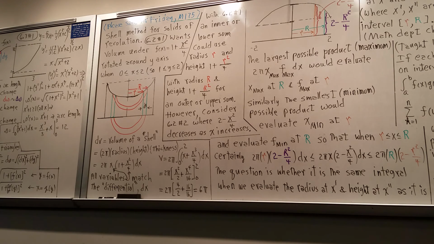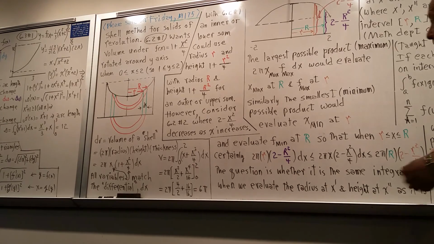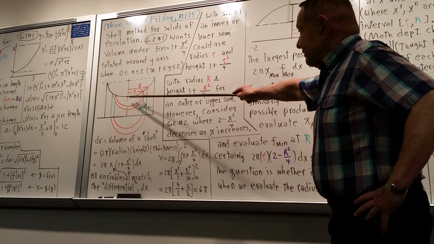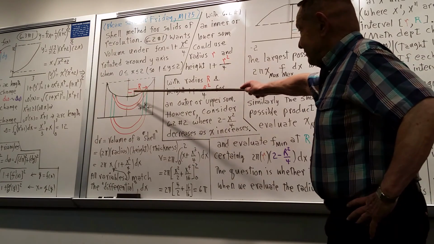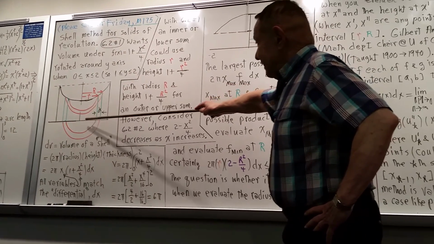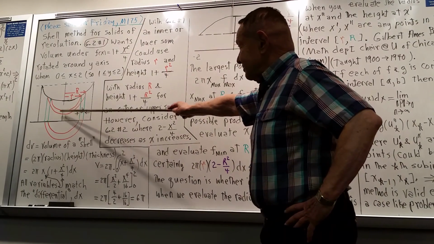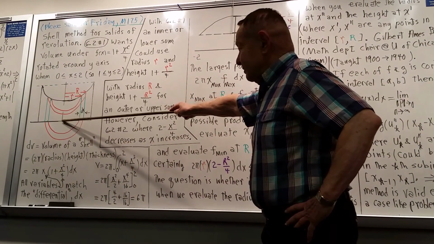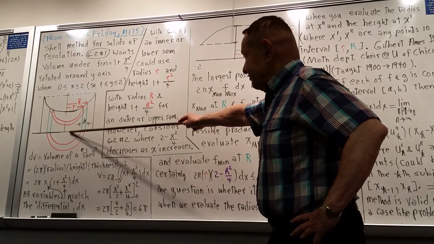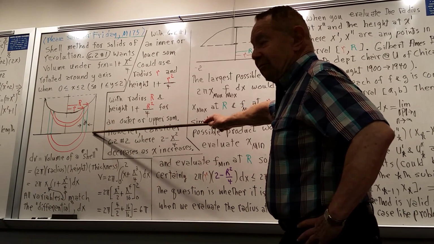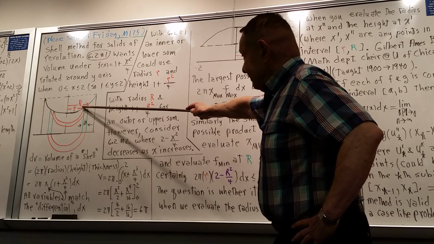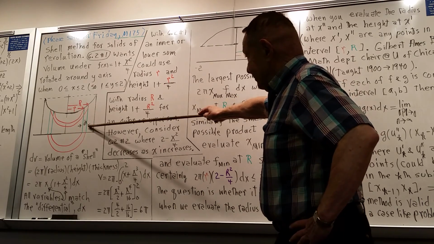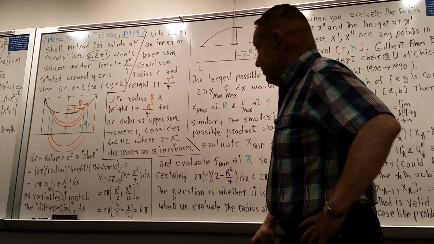There is, however, a catch to this, which I'm about to explore with you. You see, in this problem, the graph is increasing as x increases. X, remember, is your radius, and as x increases away from the y-axis, the height of the shell is increasing.